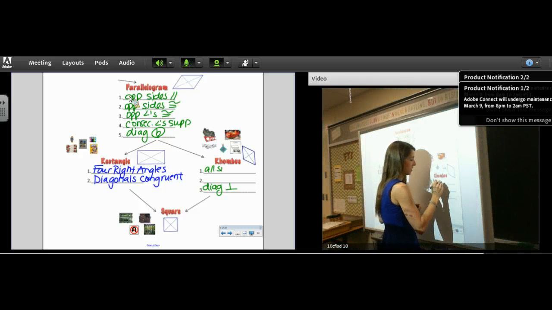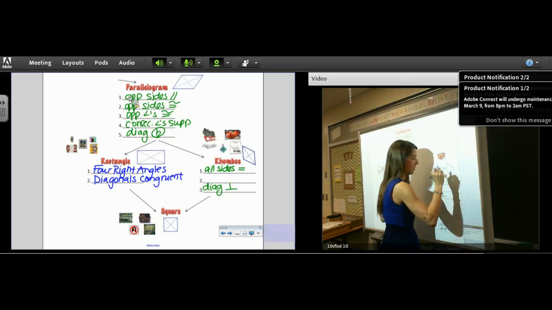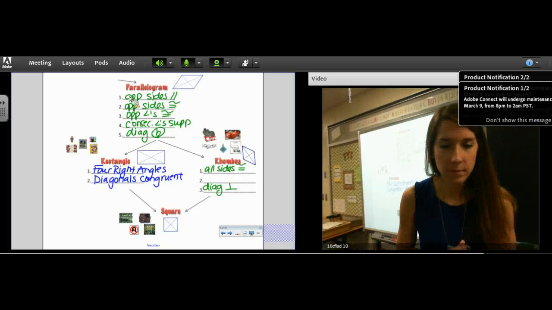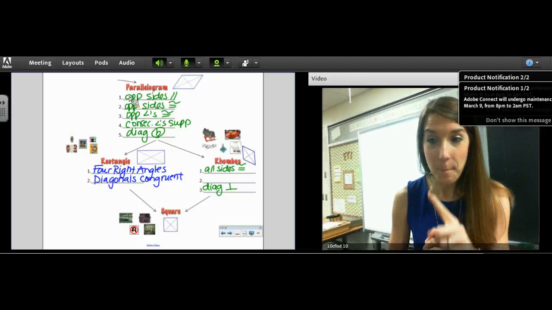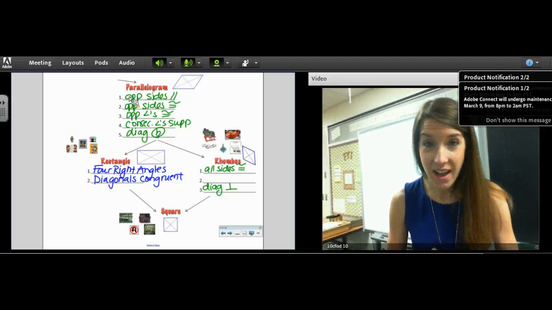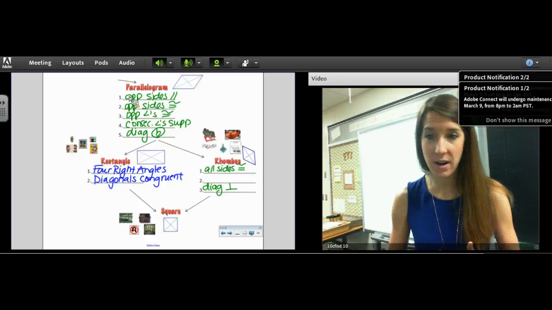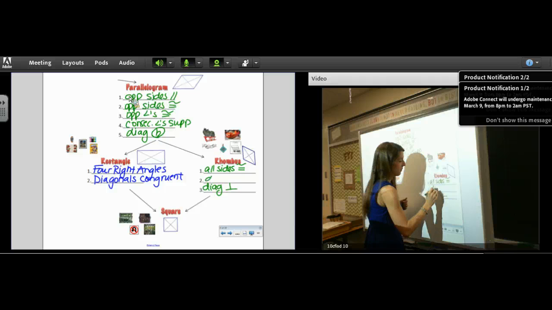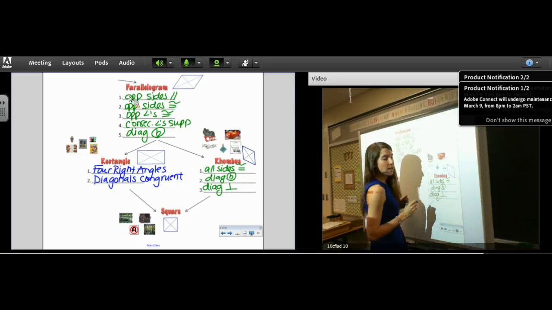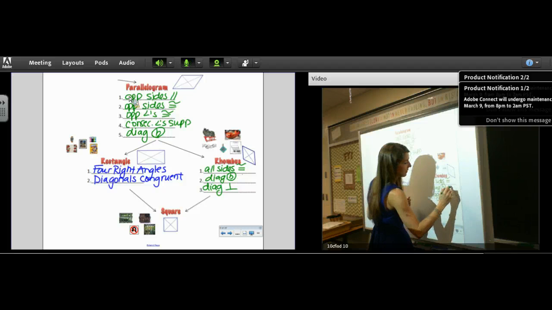All sides congruent. Good. The diagonals bisect the angles. They cut the angles in half. That doesn't happen in a parallelogram, and it doesn't happen in a rectangle. So the diagonals, that B with a circle means bisect, the diagonals bisect the angles.